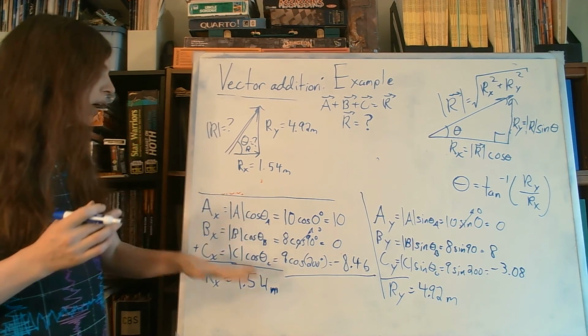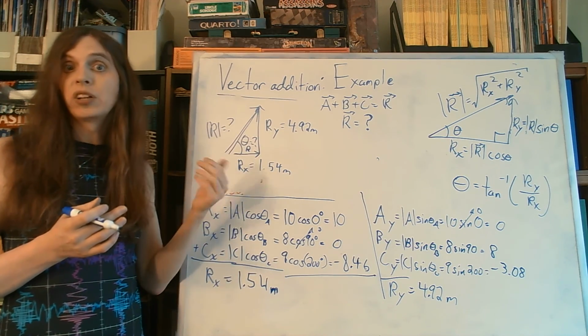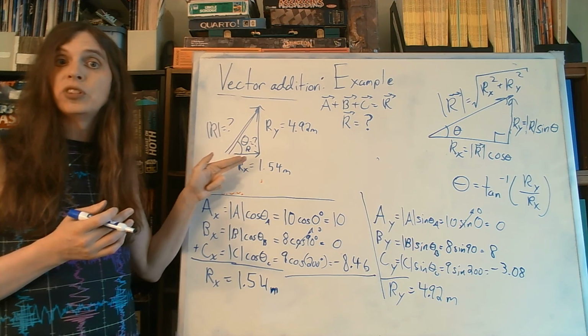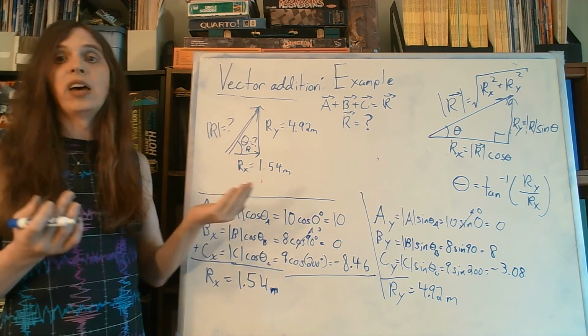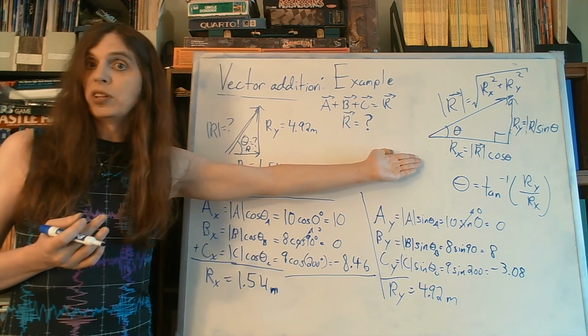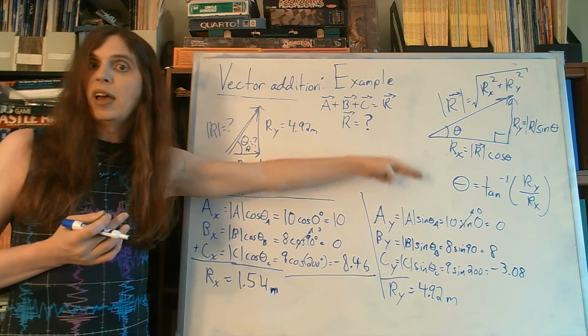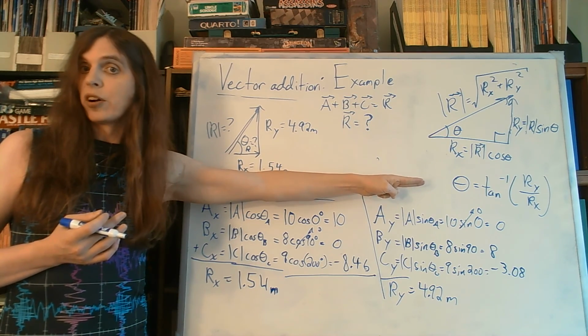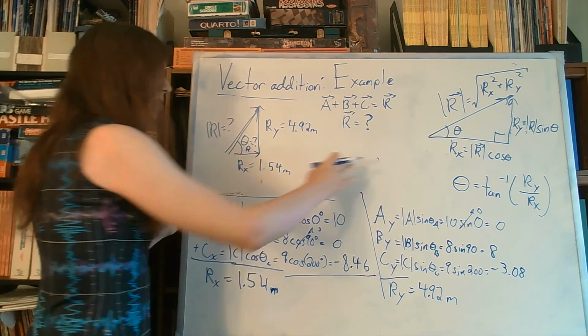Okay, so we have our components, we have the lengths of 2 sides of a right triangle. We want to know the hypotenuse. We want to know one of the interior angles. And we know how to do that over here. We'll play with the Pythagorean theorem, and we'll work with inverse tangent or arctangent. So let's get the size first.